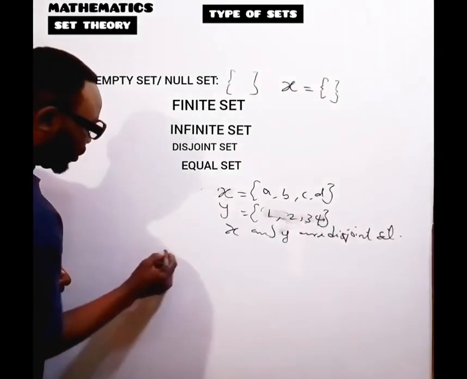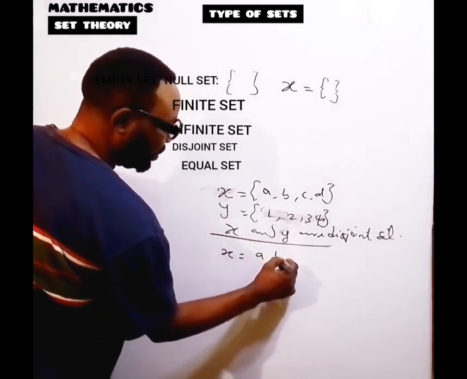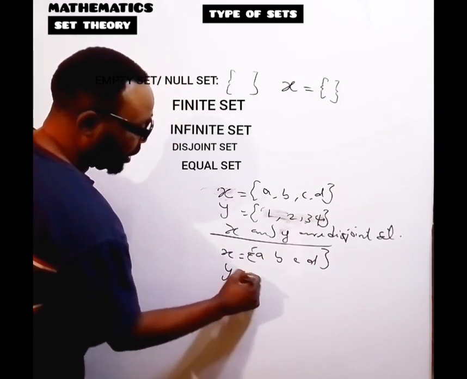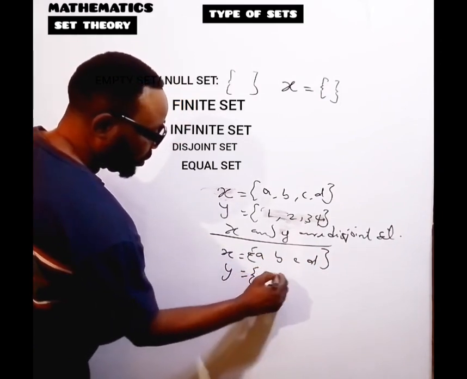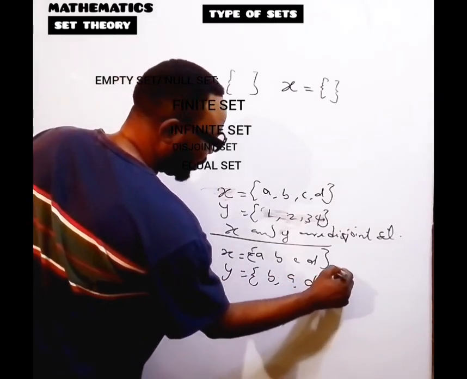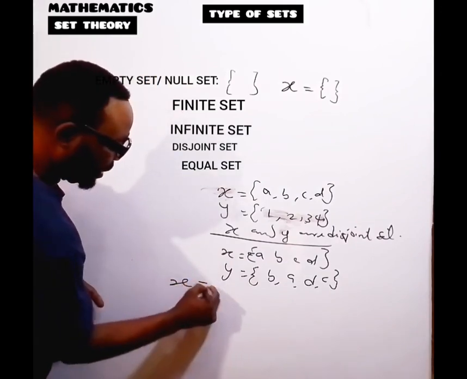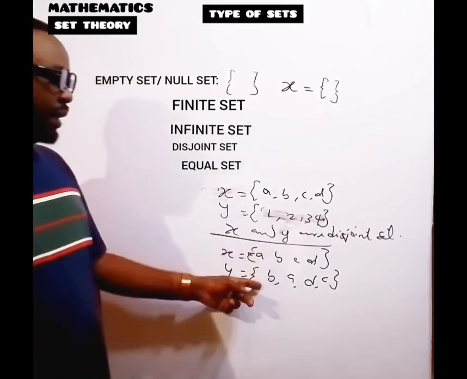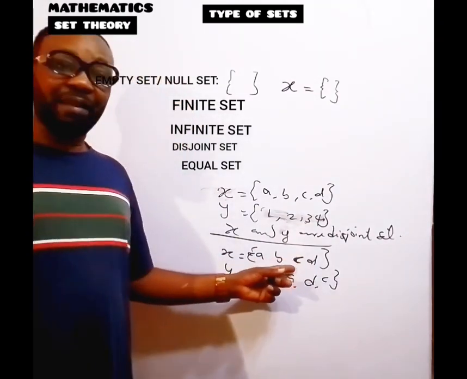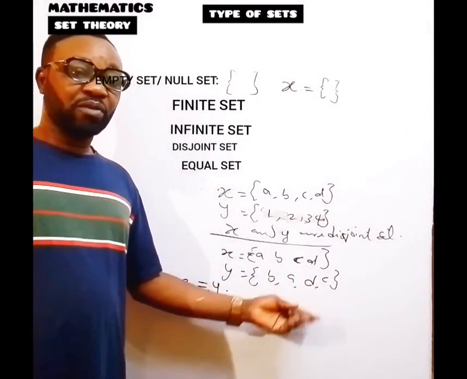For instance, for equal sets, I can have X equal to A, B, C, D, and set Y equal to B, A, D, C. Now, I can say that X is equal to Y. That is, the elements you have in set X are the same elements you have in set Y.